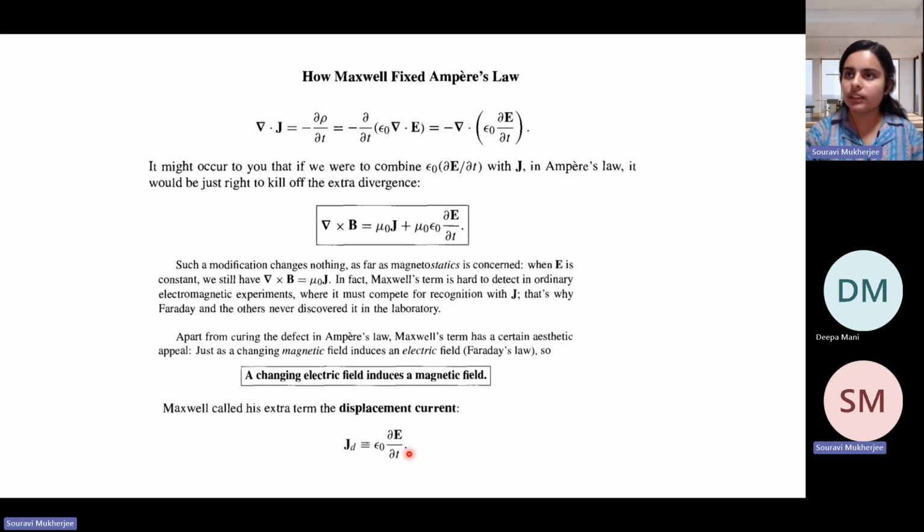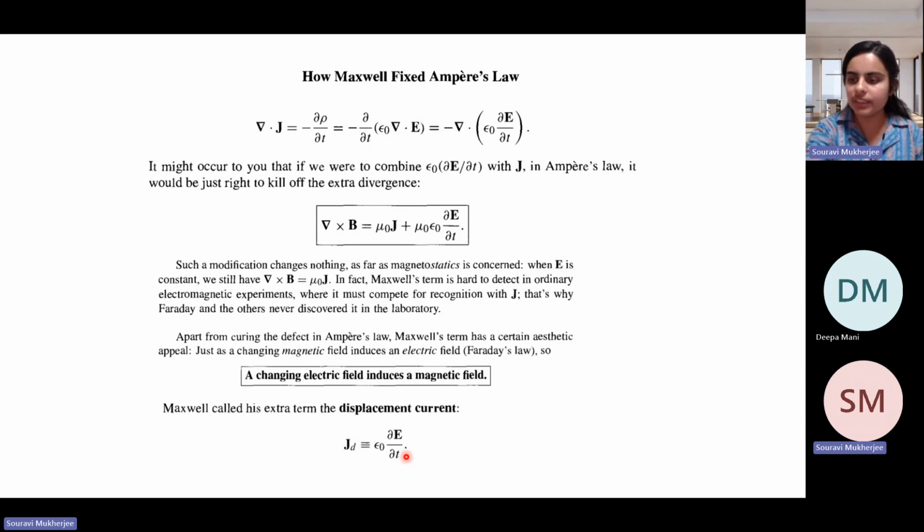Now if you know the temporal variation of your potential, like of your voltage, suppose it's said that this much voltage with this much frequency is applied, then you know that your voltage has some expression, suppose V naught sine omega t. You know the frequency and the magnitude, so you know the temporal expression of potential.